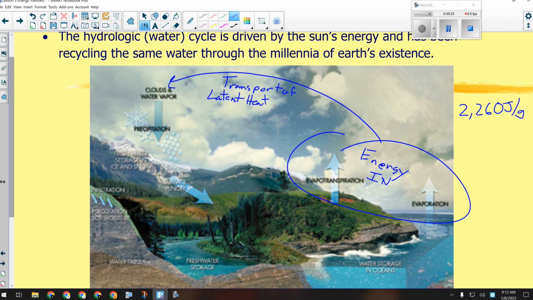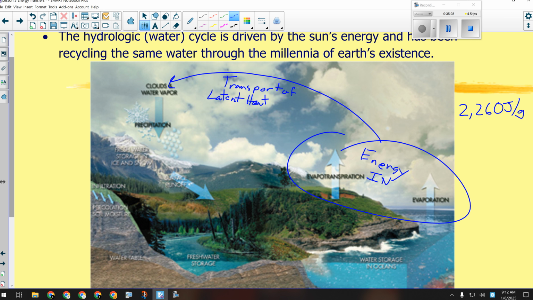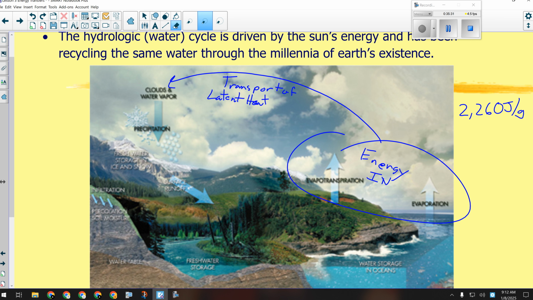Transport of what we call latent, that looks like hoot. It's supposed to be heat. I'm going to rewrite that because my handwriting is so awful. That's only marginally better. Heat. So latent heat.